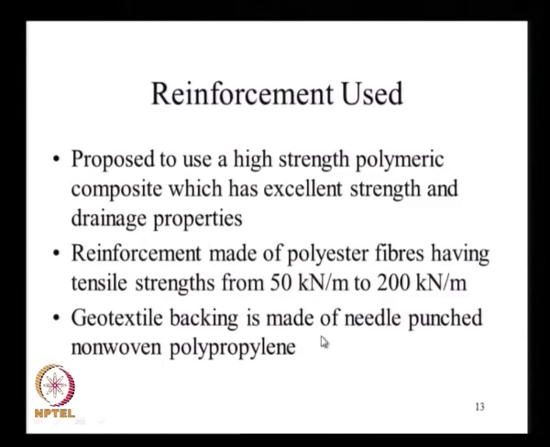And the reinforcement that was used was made of polyester fibers having tensile strengths in the range of 50 to 200 kilonewtons per meter, and the geotextile backing for this geogrid is made of needle punched non-woven polypropylene. It is a fairly thick geotextile. It is about 2.5 to 3 millimeters thick.